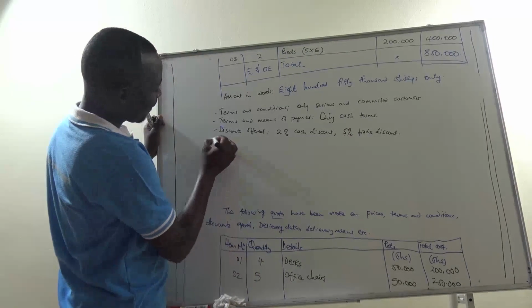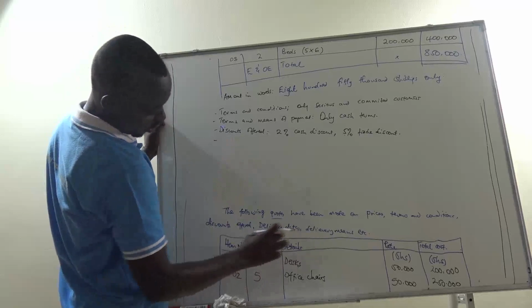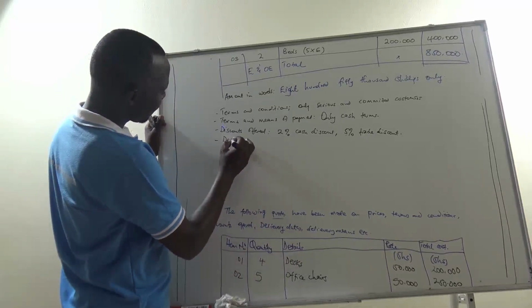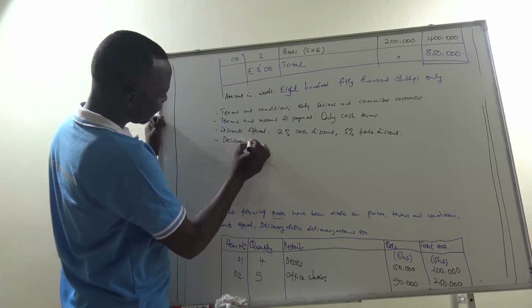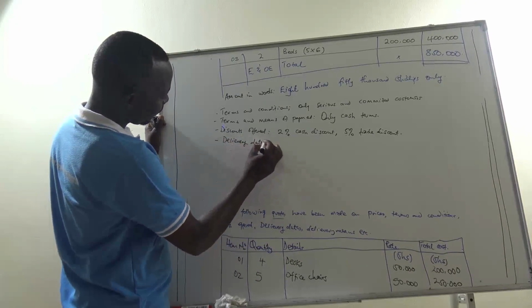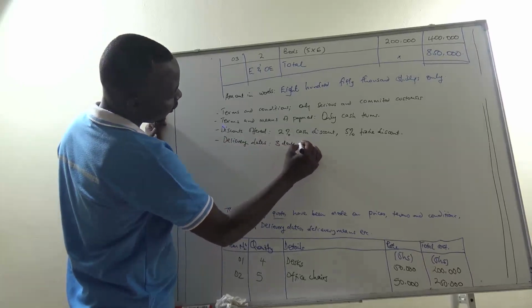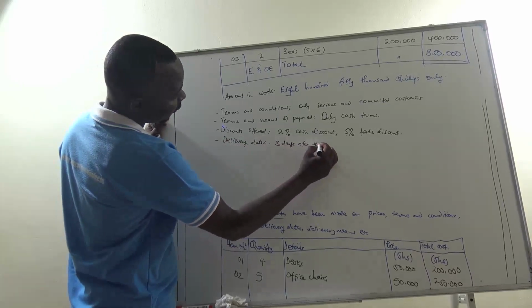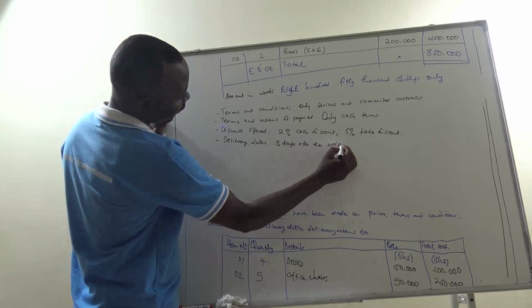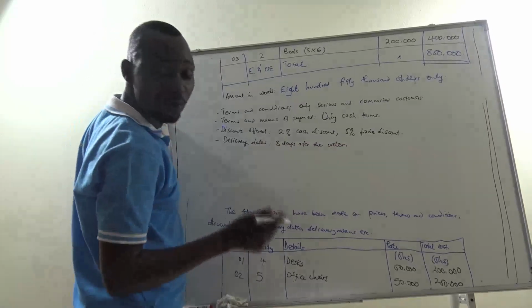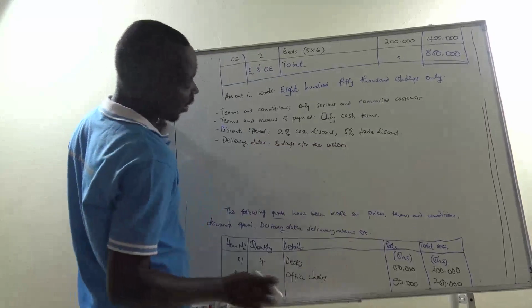Then, delivery dates. You can say 3 days after the order. Are we there? Or you can say 2 days, or you can say 1 day, or you can say immediately, you can say 1 week.